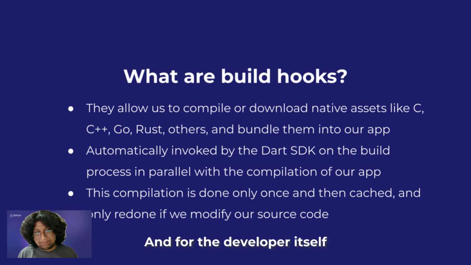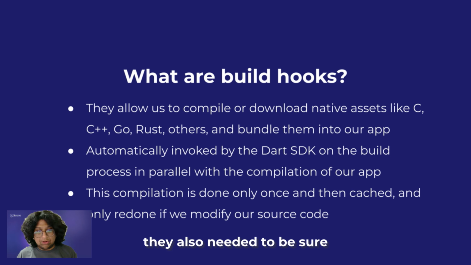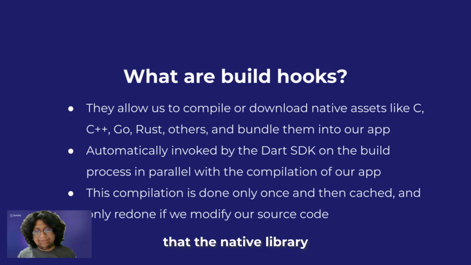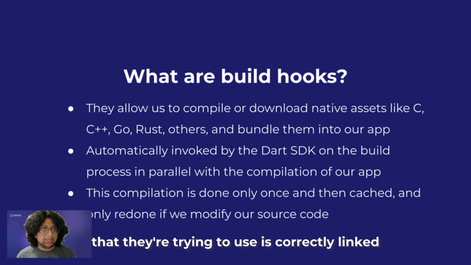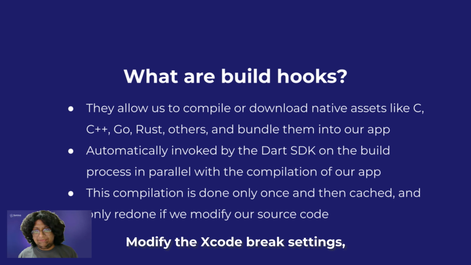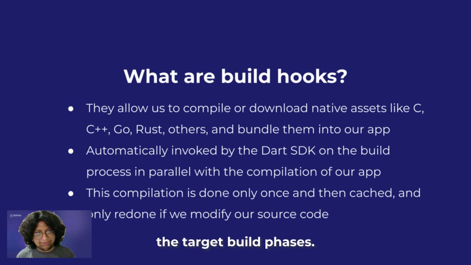And for the developer itself, it was another headache because they also needed to manually edit the build Gradle to ensure that the native library that they're trying to use is correctly linked into the package for the final APK. And also for iOS, modify the Xcode project settings, link the binary, ensure the framework is included for all the target build phases.